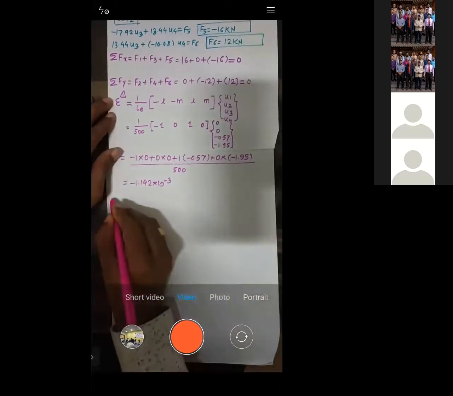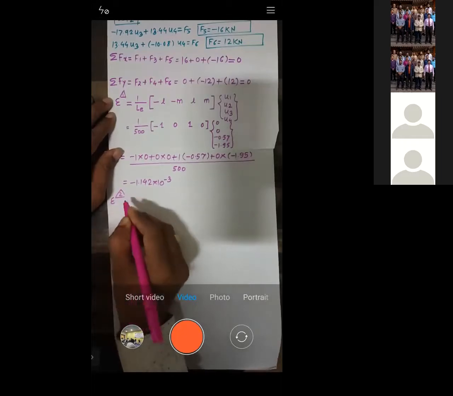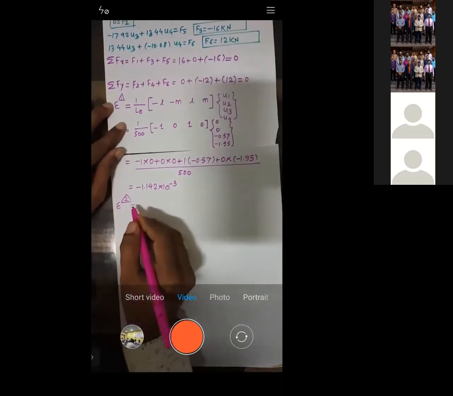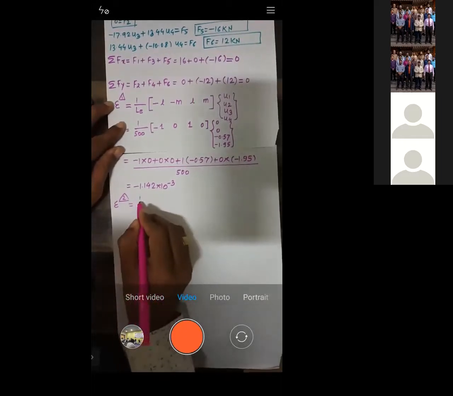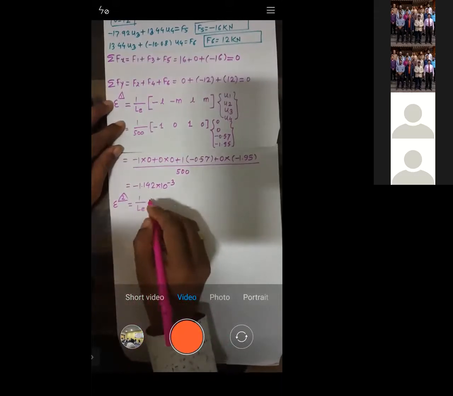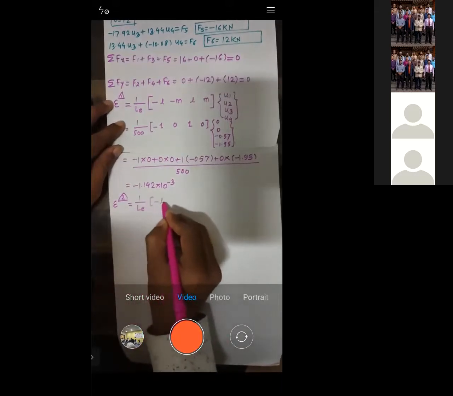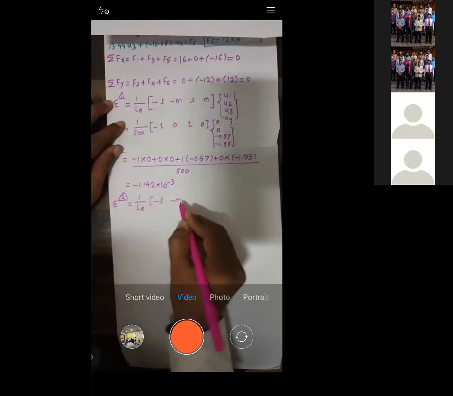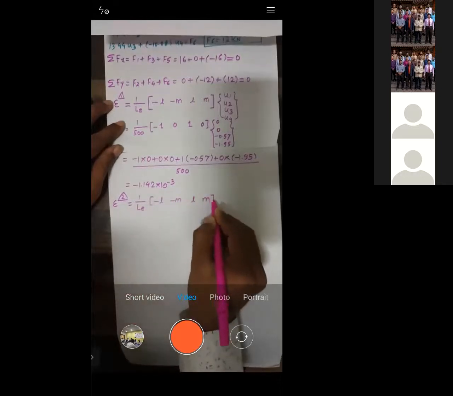Now let us calculate strain induced in element number 2. In a similar line, I will write down that formula: 1 by length of element number 2, into minus L, minus M, L and M of element number 2.